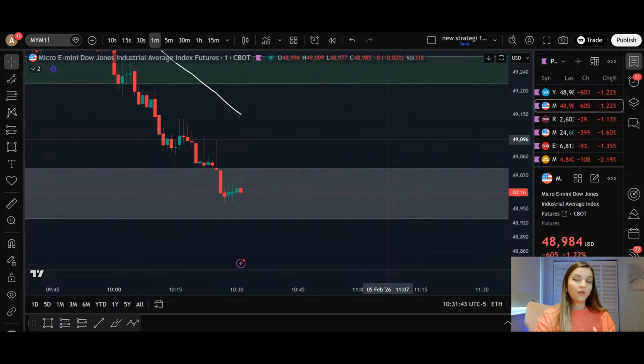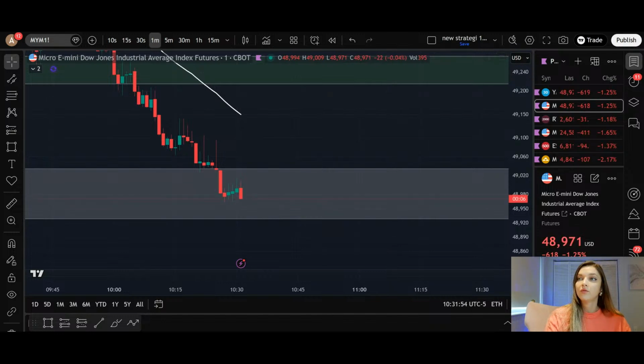Do you guys agree with me in the chat? I don't know. Do you like to go for big take profits, and even if you lose 10 times, you know you're getting in one, or do you prefer fewer losses?